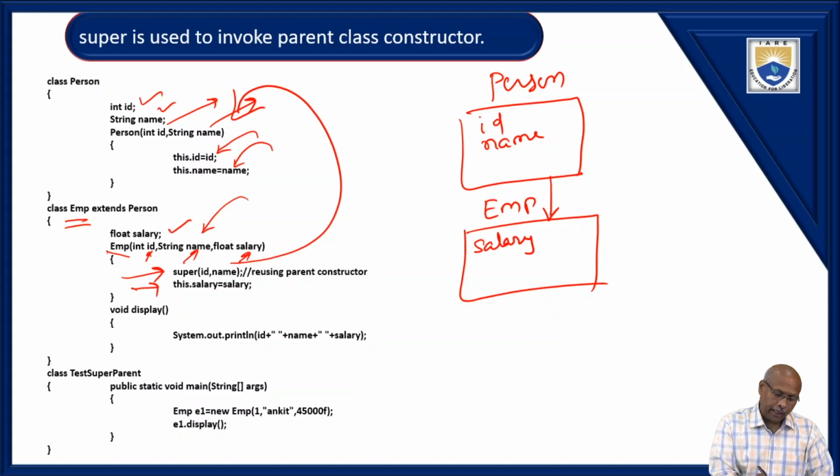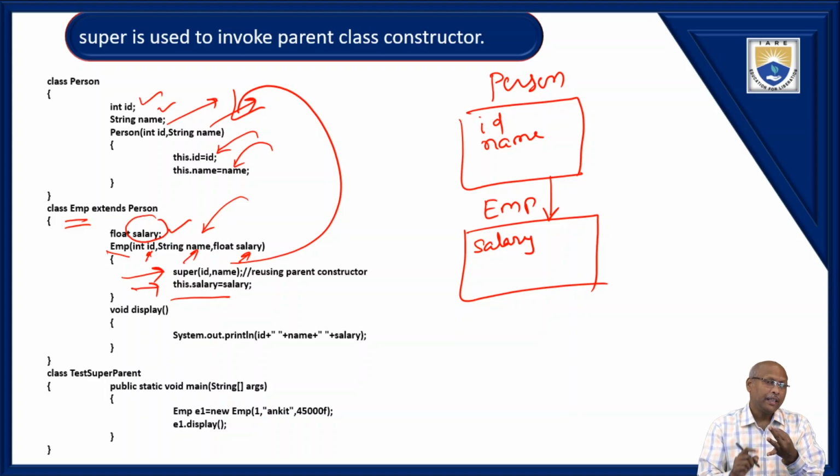Then I wrote this dot salary equals salary. That means my member variable of the employee class is initialized. Out of the 3 you pass, 2 are sent to the parent and 1 is kept for the child. So 2 are initialized in the parent, 1 in the child. But all 3 are available to the child because of inheritance.